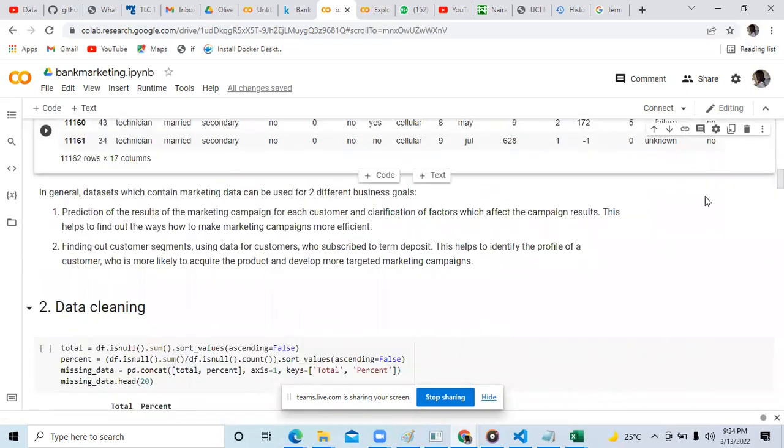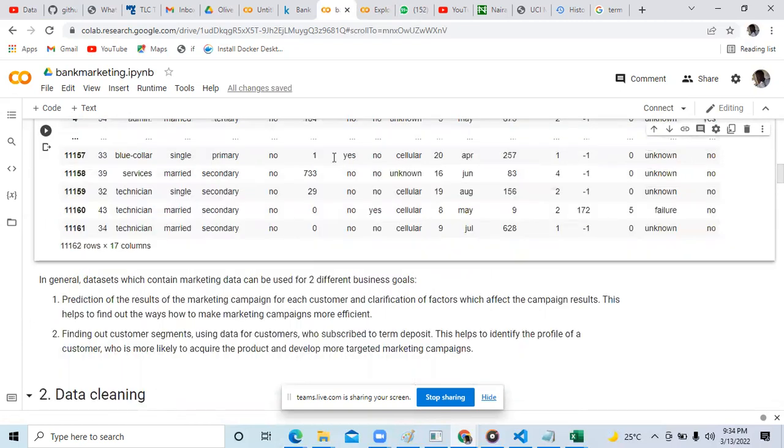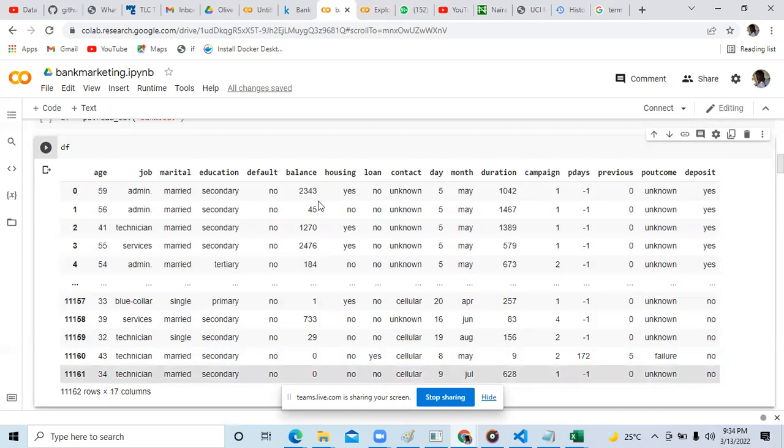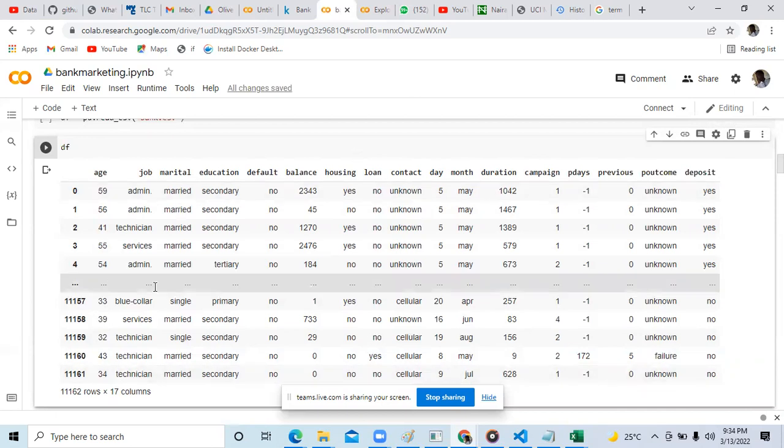Now I've put some text inside Colab, which is basically giving you the reason why we do EDA, exploratory data analysis. For example, from this data set you can see that it is divided into two, right? The first half of the data set is the characteristics or properties of the customers.